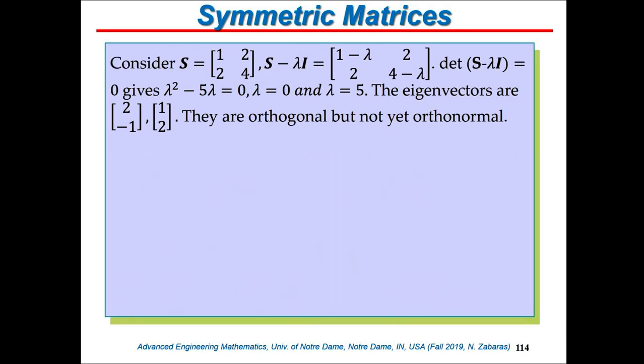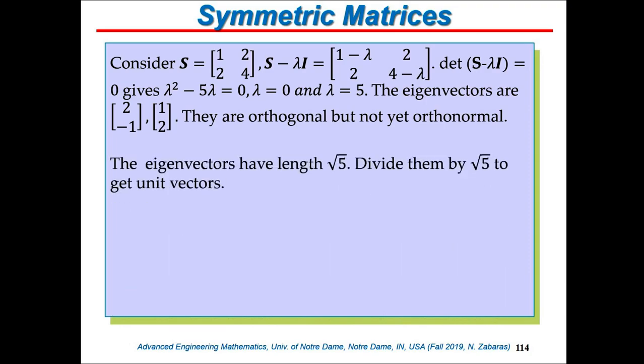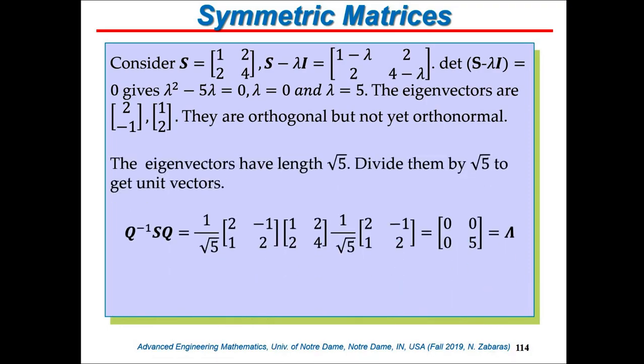All right, so this matrix has two eigenvalues, and they are real and distinct. The eigenvectors are orthogonal, and you can actually diagonalize this. You take these two vectors, first normalize them, and form the matrix capital Q. Here we have put the two eigenvectors as columns of the matrix Q, normalized by the factor 1 over square root of 5.